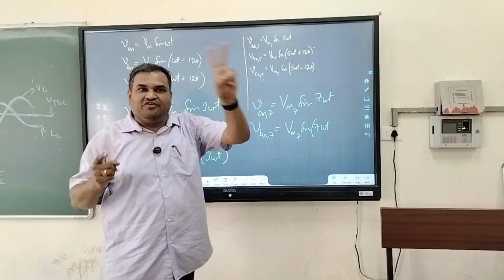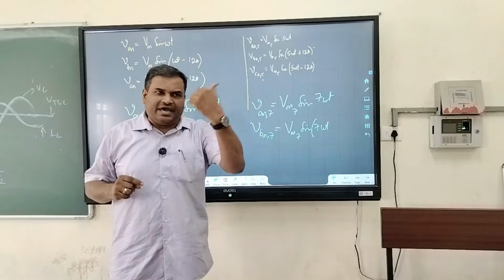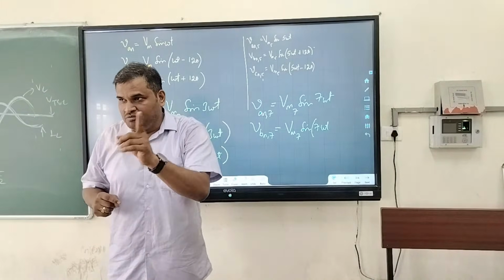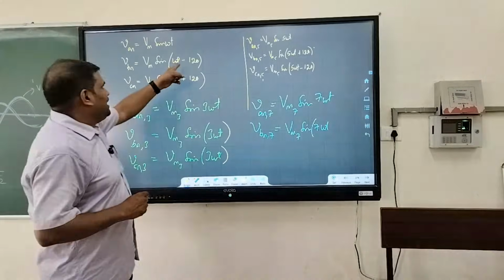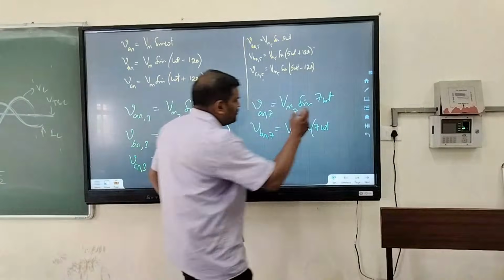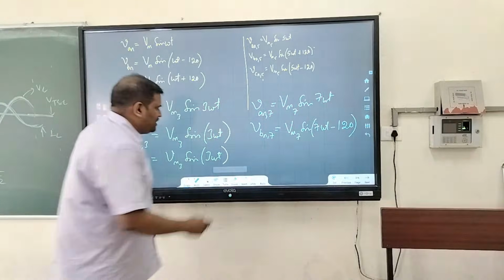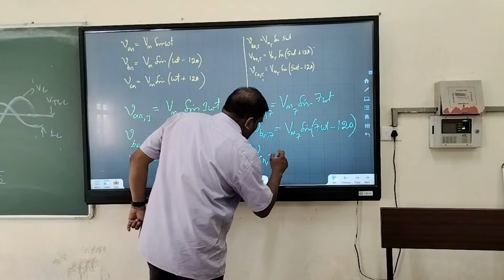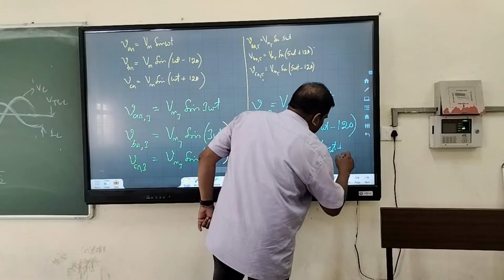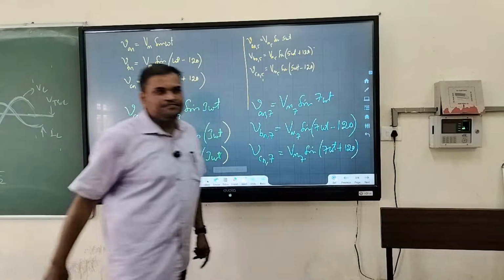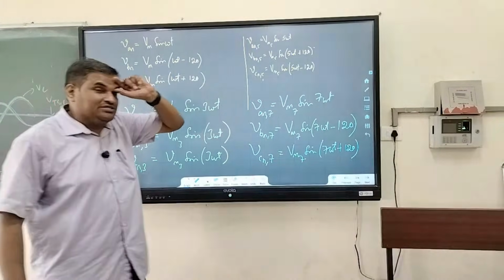If I multiply 120 with 3, it is 360, and with 6, it is again a multiple of 360. The remainder is 1, since 7 is 6 plus 1. So it is equivalent to 1 into 120, and rather than that I will write minus 1 into 120, that is minus 120. Similarly, VCN7 is VM7 sine of 7 omega t plus 120, because I multiply only by 1 instead of 7. It is okay, right?